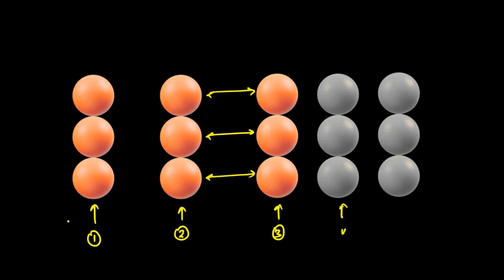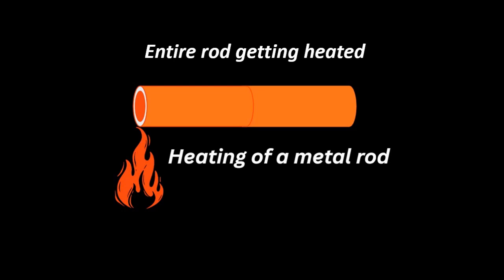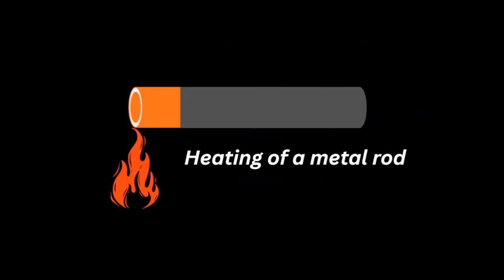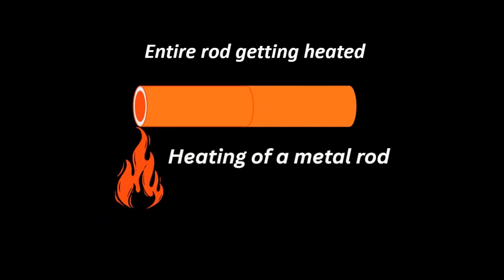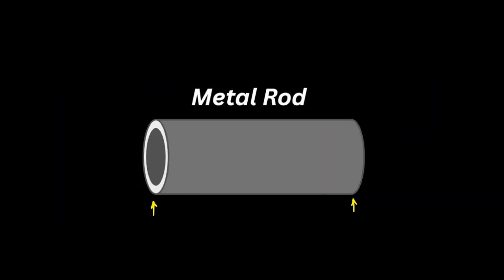Slowly and gradually it happens, not all of a sudden, and finally the entire rod gets heated from one end to the other. This is the basic principle of thermal conduction of a metal rod or a metallic material through intermolecular collisions.